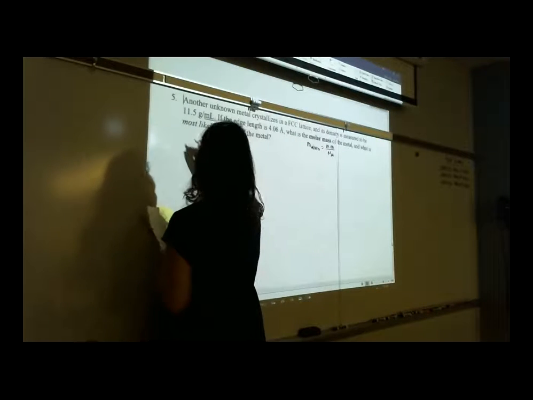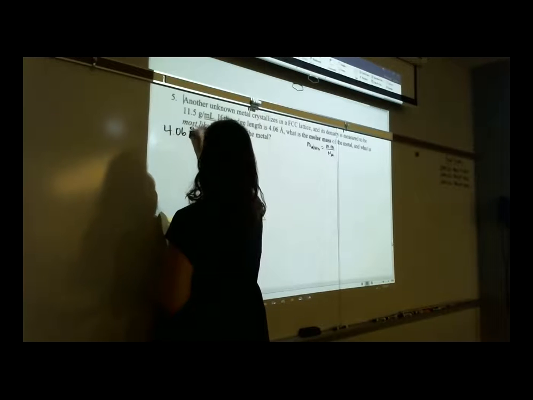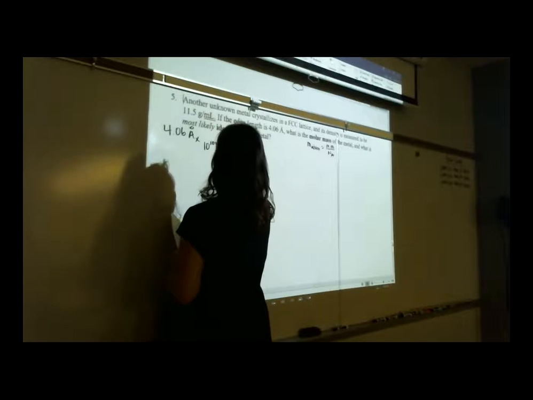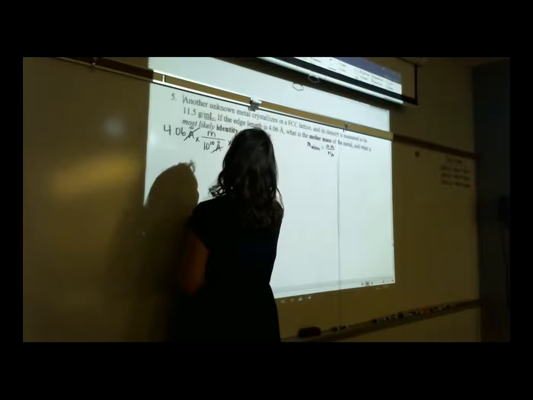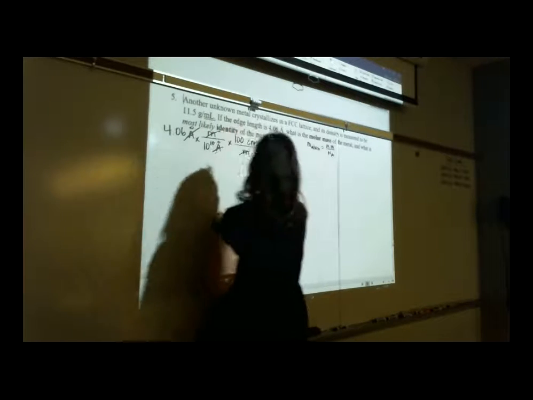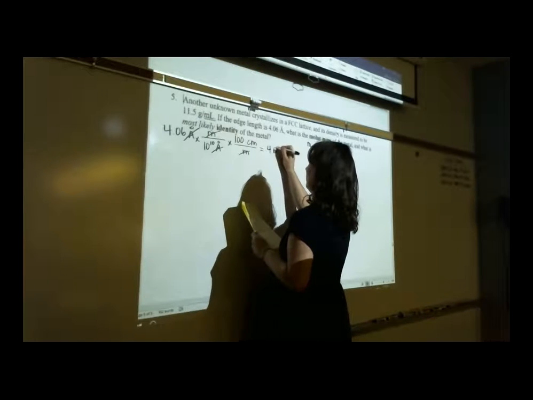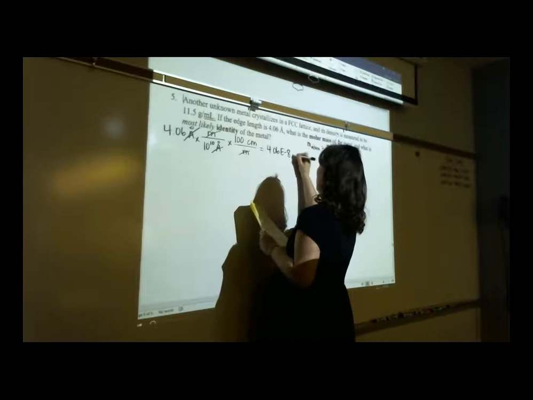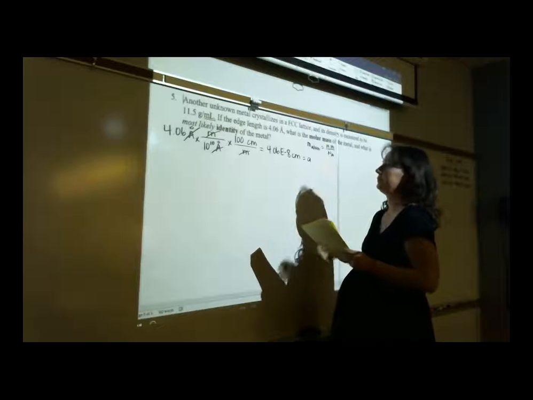That's the good news. So 4.06 angstroms times 10 to the 10th angstroms per meter times 100 centimeters per meter gives me 4.06 times 10 to the negative 8 centimeters. And that's a, right?